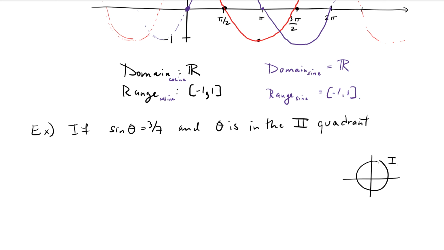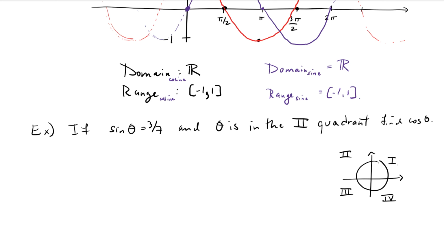First quadrant is where x and y are positive. Okay, this is the second quadrant, third quadrant, fourth quadrant. So we're going to be asked to find just cosine, but I could ask you also to find the other trig functions. So how do we do this?